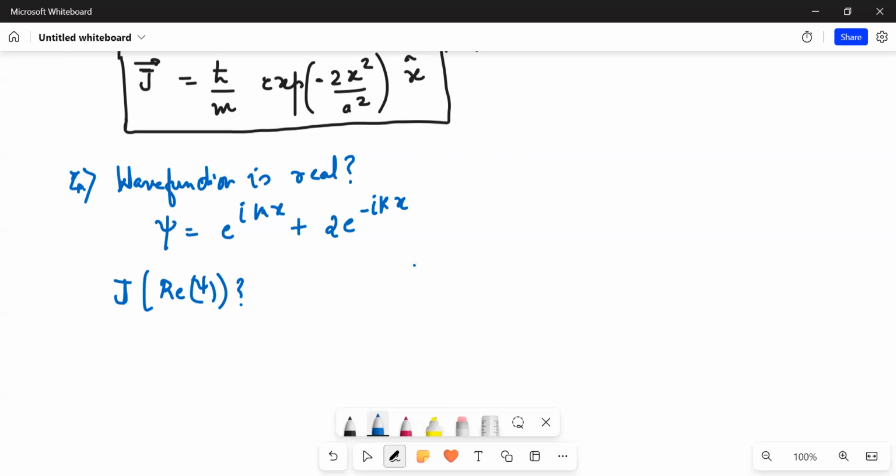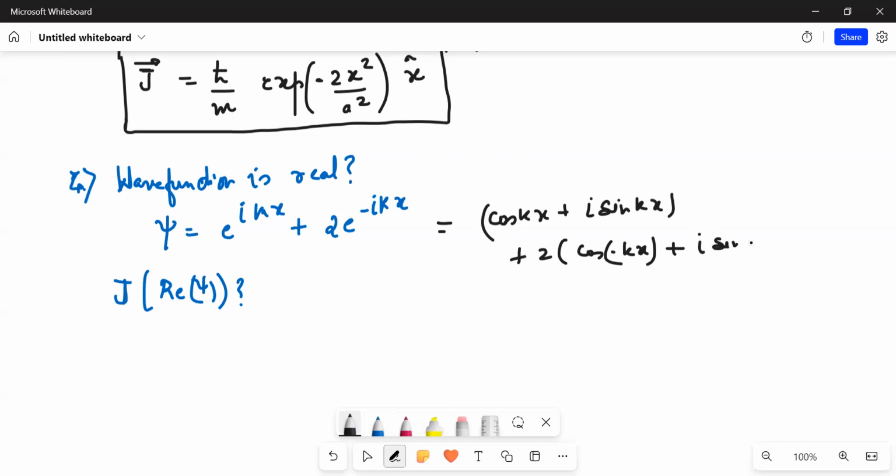Okay. So if I want to find the real part of this, let me do it for you. Basically it equals cos kx plus iota sin kx plus 2 times cos of minus kx plus iota sin of minus kx. So basically we want to take the real part first.